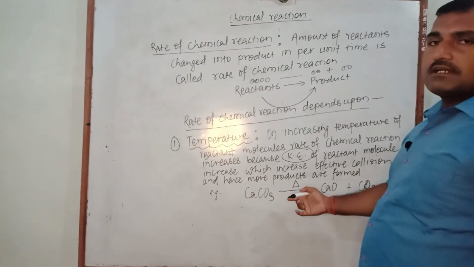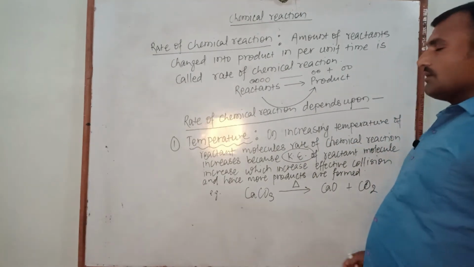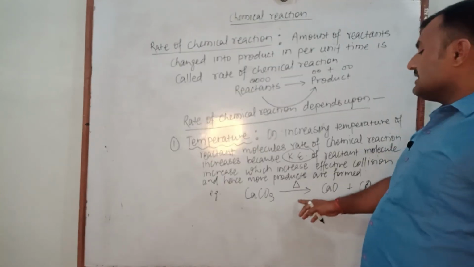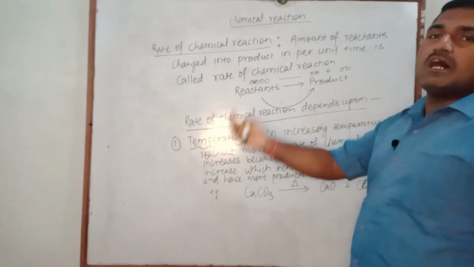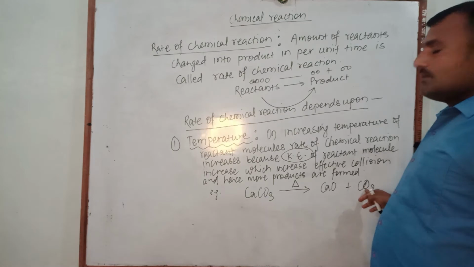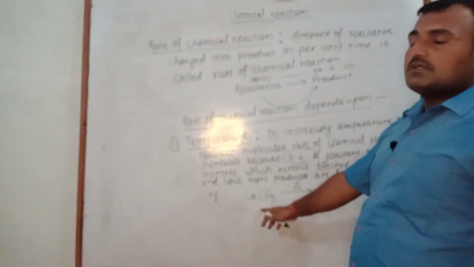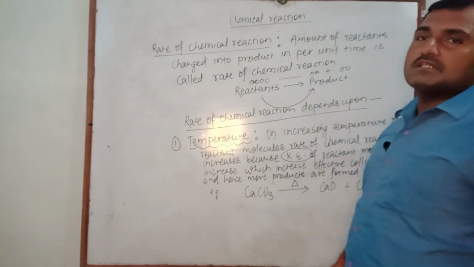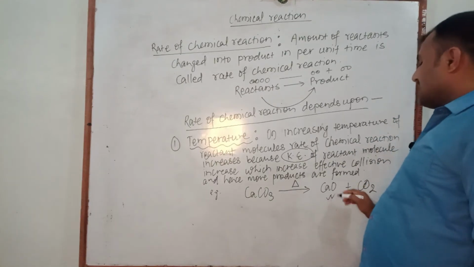In this reaction, when calcium carbonate is decomposed at 1000 degrees Celsius, a certain amount of product is obtained. Again, when we increase the temperature of calcium carbonate to 1100, 1200, more products are formed.